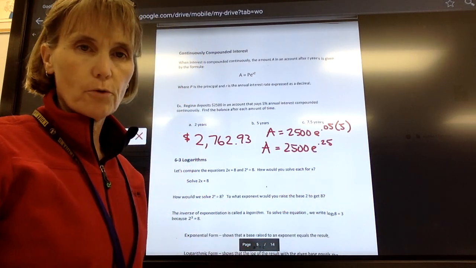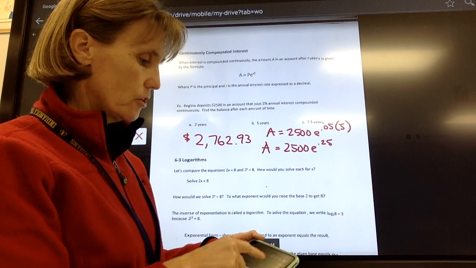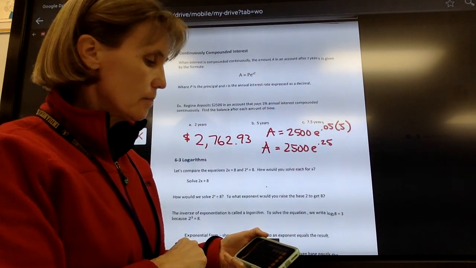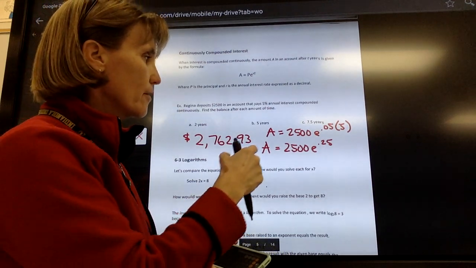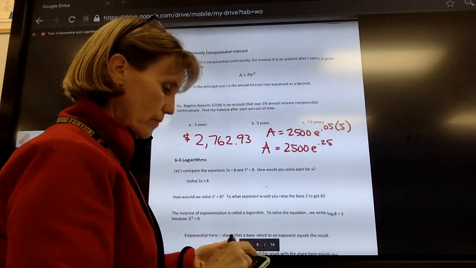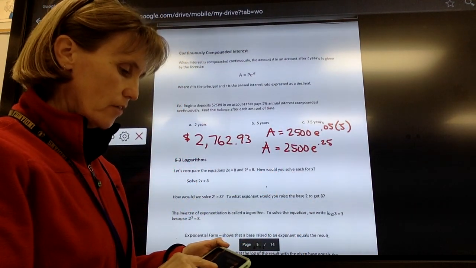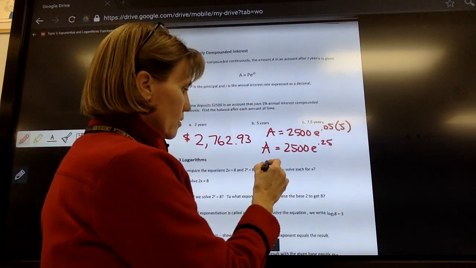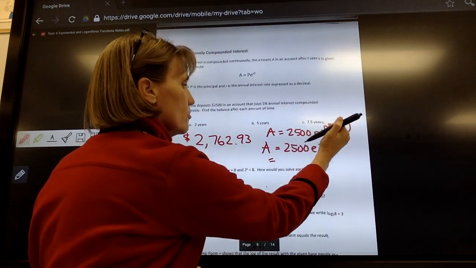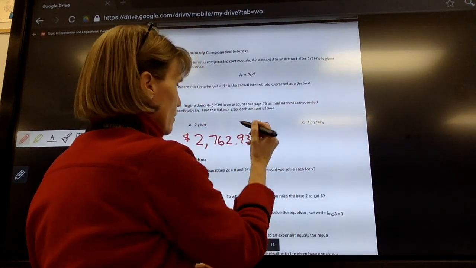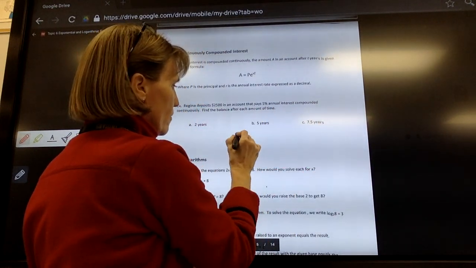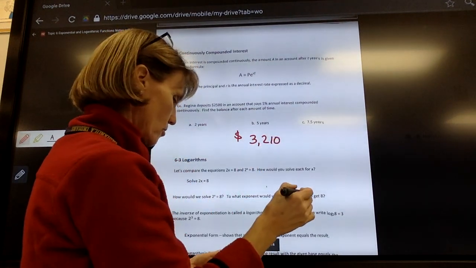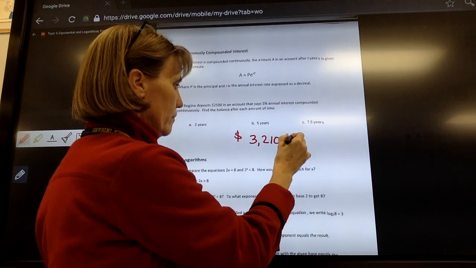Again, for your phone and for my white calculators, you evaluate that first. From there, you just hit the e to the x key. It's evaluating e to that power. Then you hit times 2,500, because that's the principal amount. This value at 5 years is going to be $3,210.06.